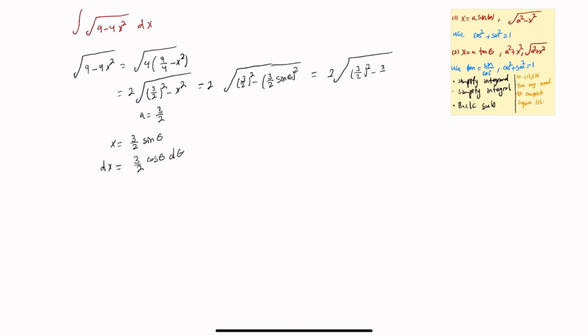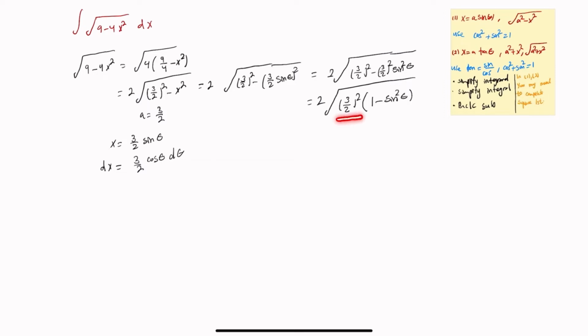So I'm going to have 3 over 2 squared, and then sine squared of theta. Now notice this is a common term, so I'm going to factor that out. So we're going to have 2 multiplied by the square root of 3 over 2 squared, then I'm going to factor that, so we're going to have 1, and then minus sine squared of theta.